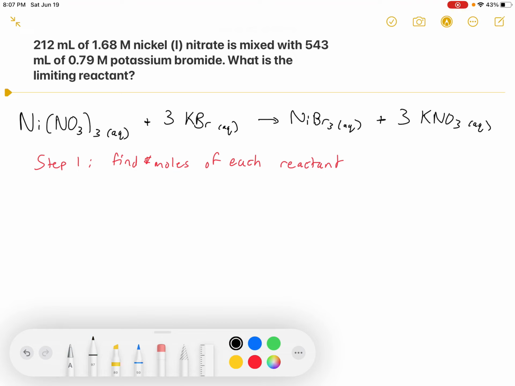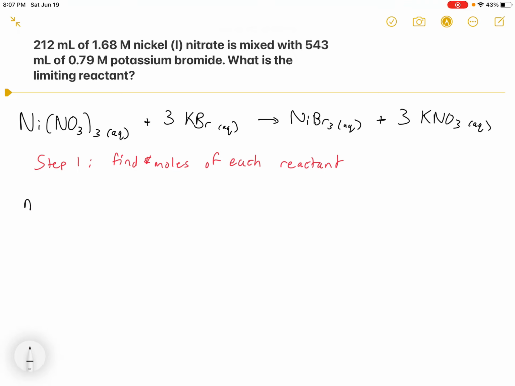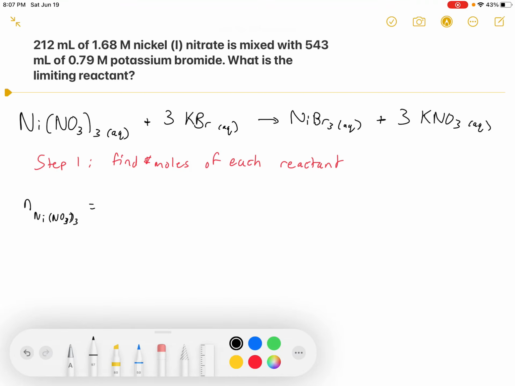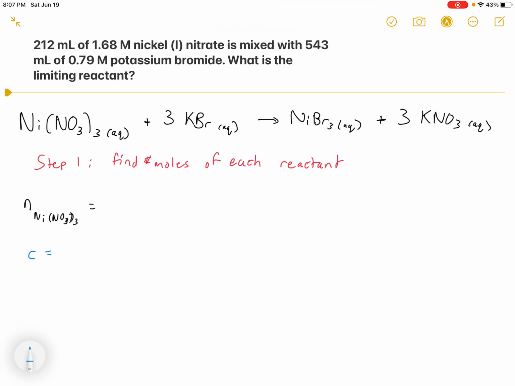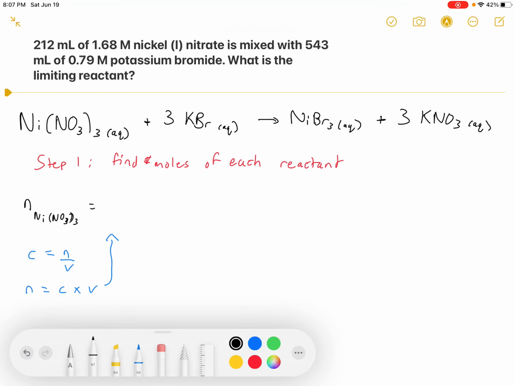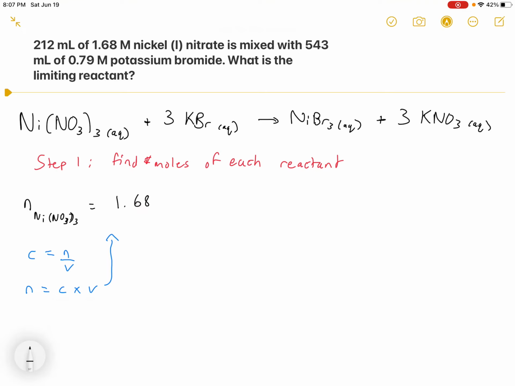So first, we're going to need to find the moles of the nickel(I) nitrate. And then again, as we've seen before, we know that molarity or concentration equals number of moles divided by volume. Therefore, moles equals concentration times volume. So we have 1.68 moles per liter.